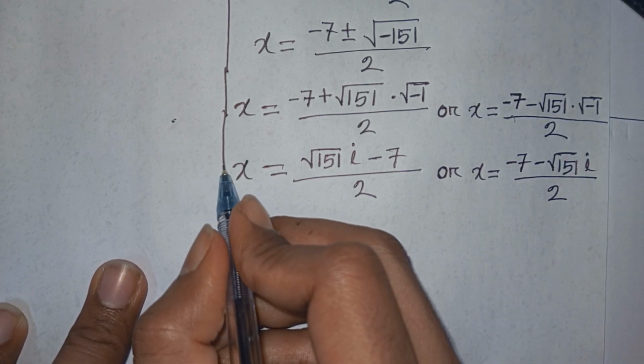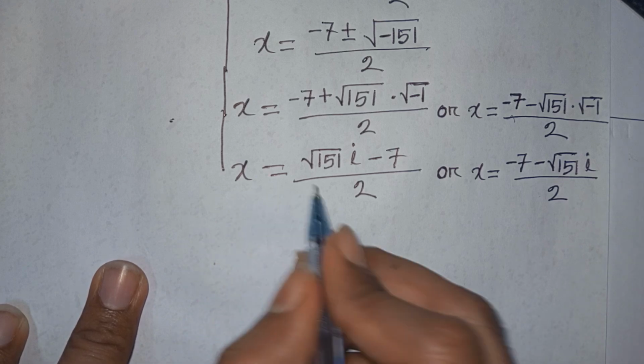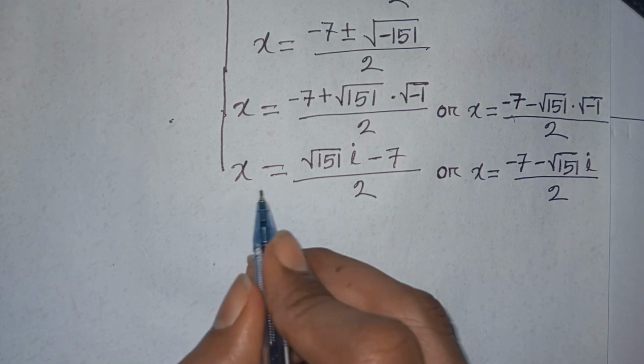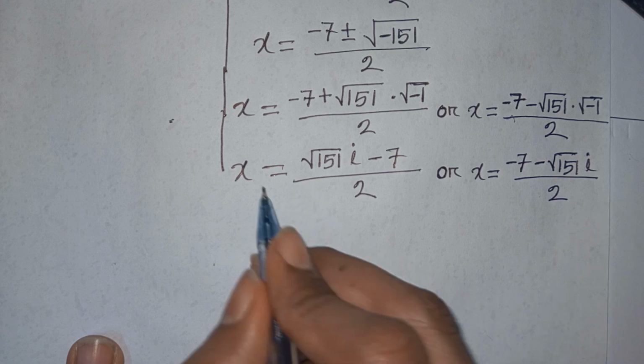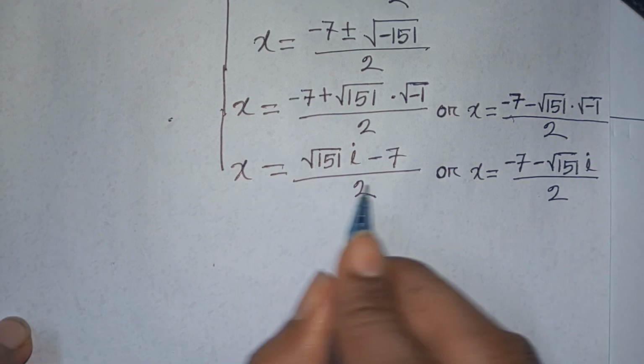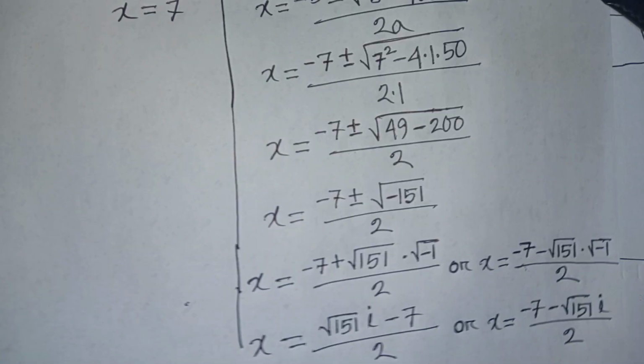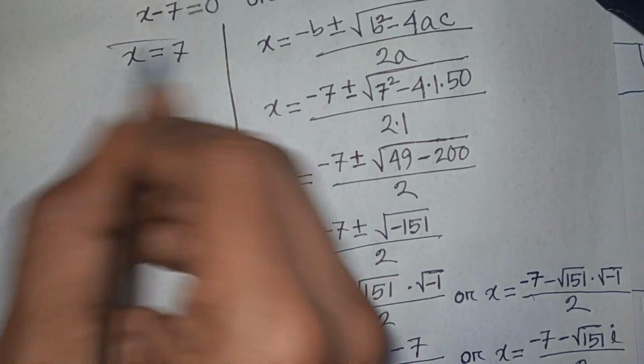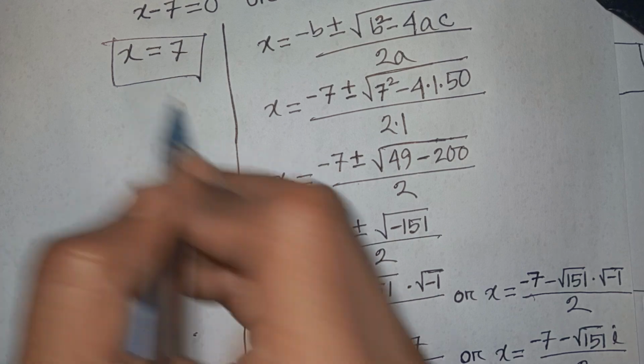So we have already got three values of x. So these two values are complex values, and one real value. x is equal to 7. This is the real value of x.